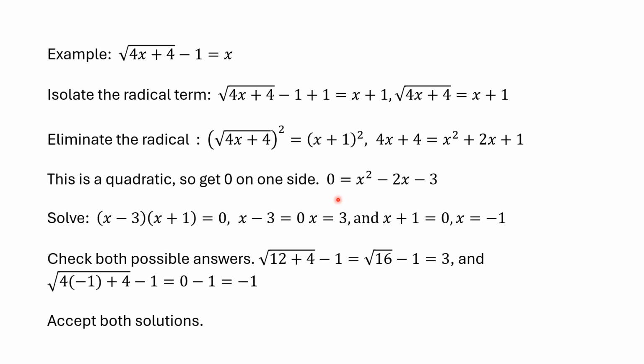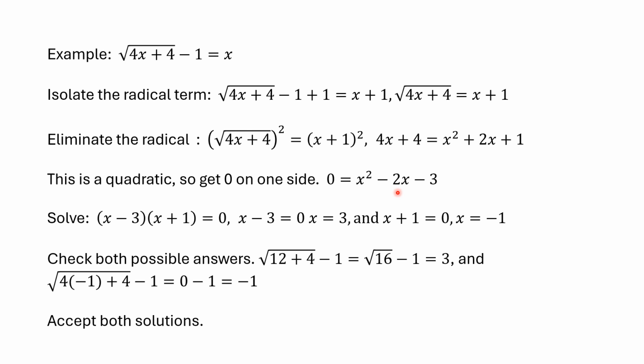Getting everything to one side, which is the way we solve a quadratic, we get 0 on one side equals x squared, the 4x becomes a negative 4x plus 2x becomes negative 2x, and the 4 becomes a negative 4 plus 1 is negative 3.